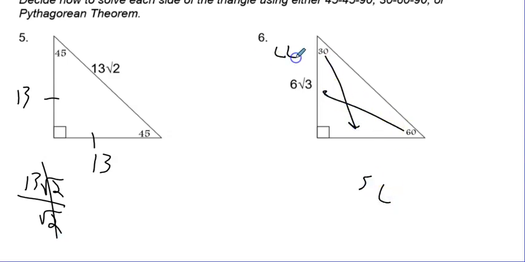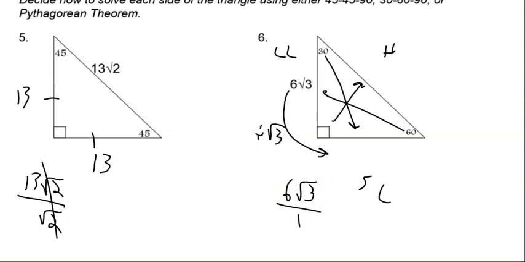Here's my long leg. Here's my hypotenuse. I always want to try and get the short leg. To go from here to here, I'm getting smaller, so I'm dividing. What's my magic radical on these? It's 3, because I have 3 different numbers, 30, 60, 90. Well, that's easy too, because 6 root 3 divided by root 3 cancels, 6. And quite easily, I go to this by just doubling it. 12.